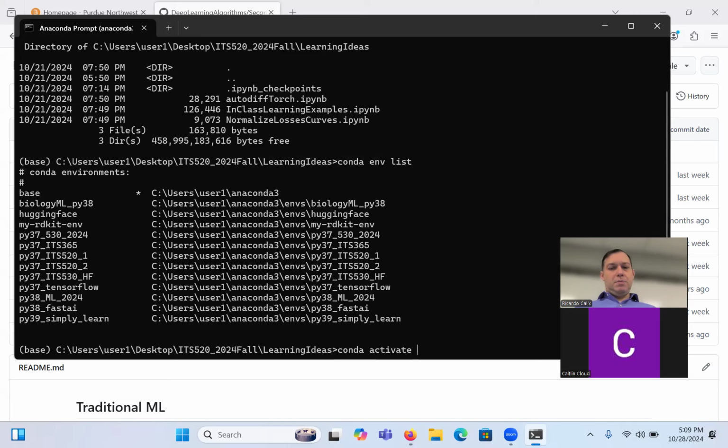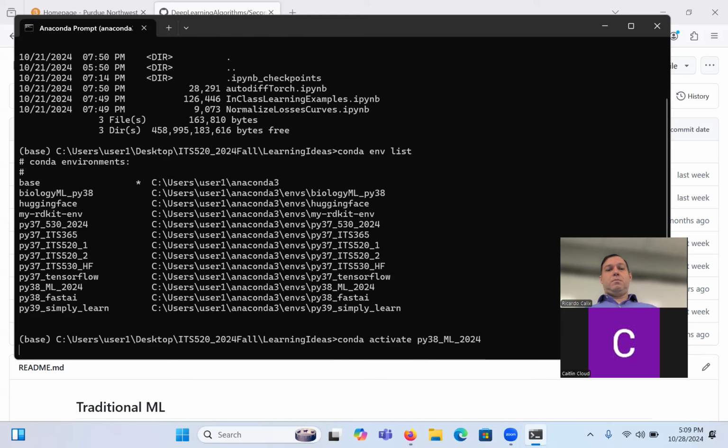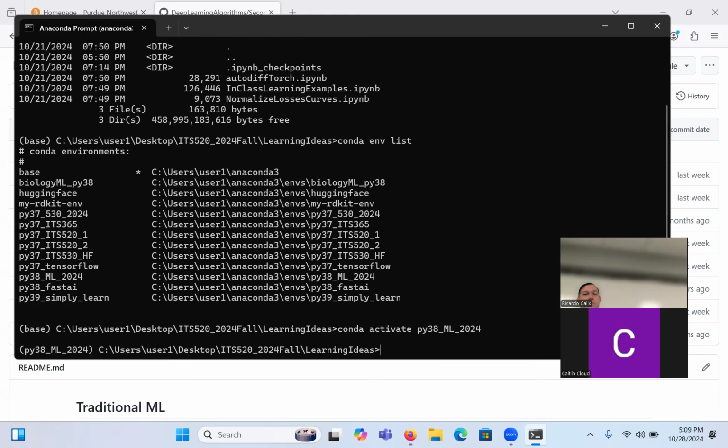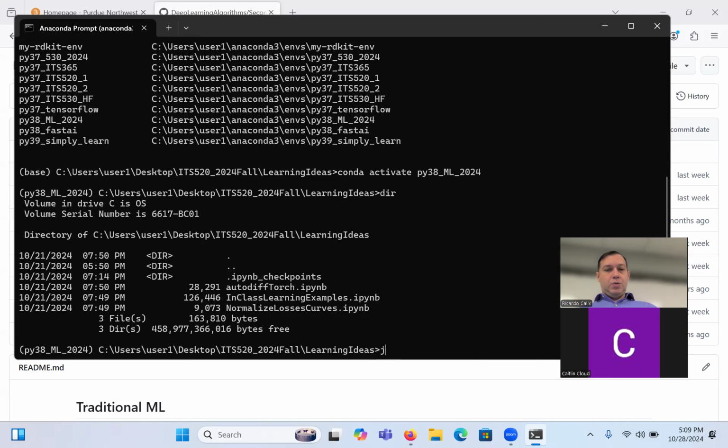I think it's I38 ML 2024. All right. So, Jupyter notebook.